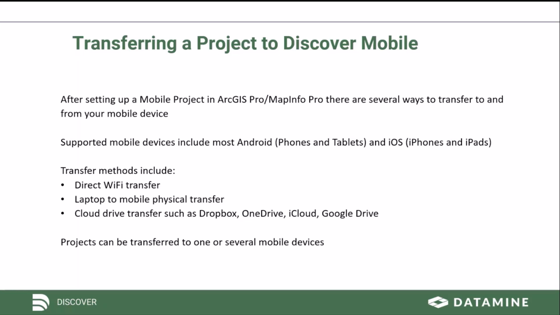Probably the main issue is if you've got a really old Android, might be 10 years old, you might struggle to use it, but essentially if it's any device within the last 5 or so years, you should have no worries of it going on. Like I said, transfer methods: direct Wi-Fi transfer, physical laptop to mobile transfer, which is probably mainly for Android devices, or the cloud transfer. And like I said, you can transfer to one or several devices.